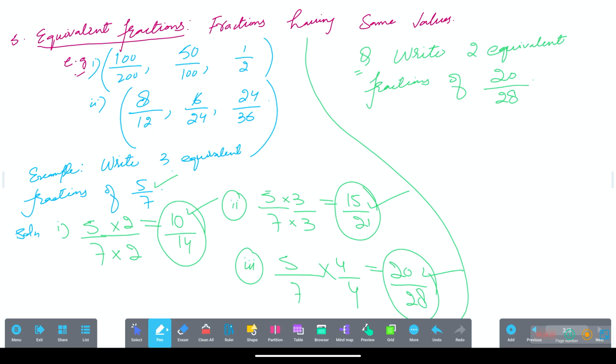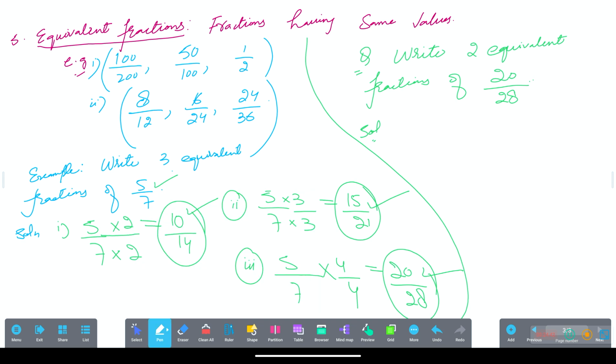But if it is not written, it has been written only write equivalent, then it's your choice. But you have to think, if it is not possible by division to get the required number of equivalent fractions, suppose we have to find 10, but division is not possible. The best way is to go with multiplication. I am writing a solution.